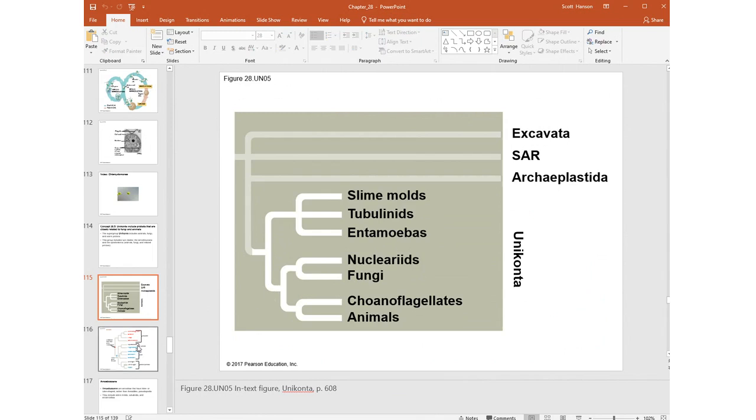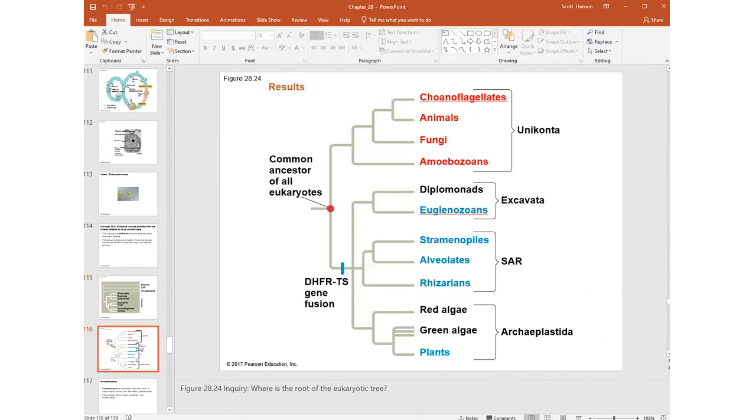So basically, here's what we're looking at now. The Unikonta. We've already discussed the Excavata in this chapter, and the SAR: the stramenopiles, alveolates, and rhizarians, and then the Archaeplastida. We've already looked at those as well, and that includes red algae, green algae, and plants.